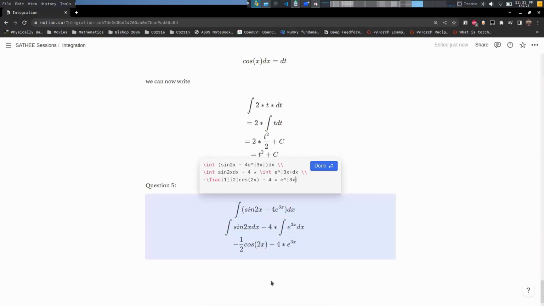So e to the power 3x, and since the coefficient of x is 3, we'll have to divide by 3 here. So we add a 1 by 3 here, and plus some constant. So this would be our final answer to this problem: minus 1 by 2 cos 2x minus 4 by 3 e to the power 3x plus c.